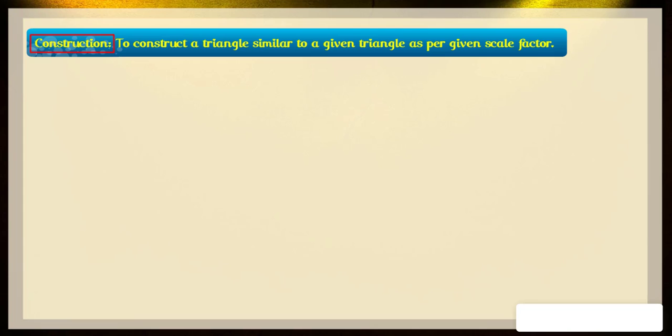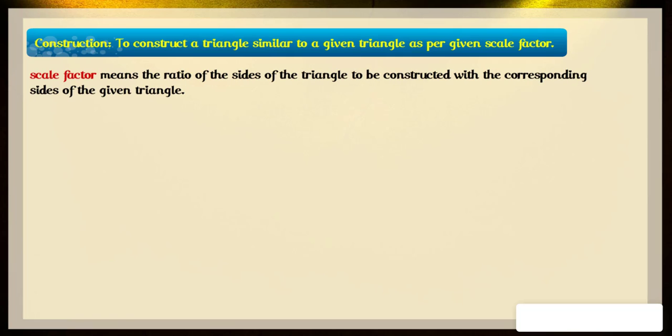This construction involves two different situations. In one, the triangle to be constructed is smaller, and in the other, it is larger than the given triangle. Here, the scale factor means the ratio of the sides of the triangle to be constructed with the corresponding sides of the given triangle.